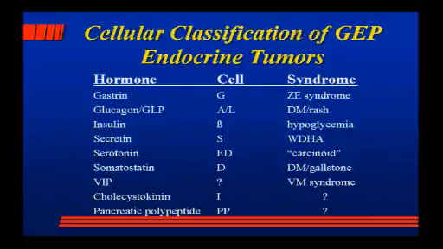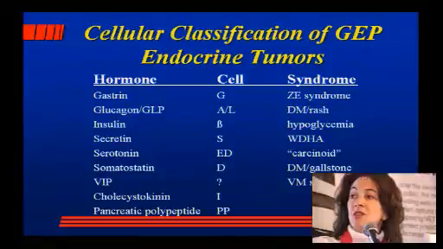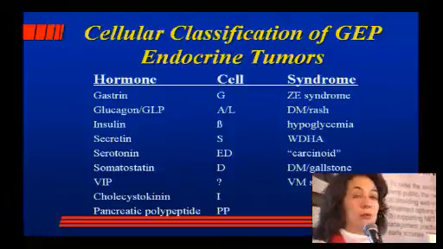C cells live in the thyroid, so sometimes the cell type tells you where they're from. Sometimes they're all mixed up in one organ, so you're not sure whether they're from the pancreas or the small bowel, for example, where the same cells can live. Each of these cell types, we know, has specific genetic machinery to make certain hormones. And so usually a cell type makes a specific hormone and is associated with a specific syndrome. And I'm not going to go through all the details of this chart, but I want to just point out two.